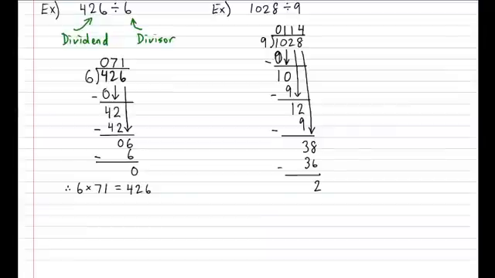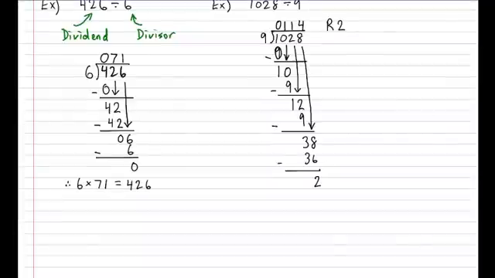Sure enough, it leaves behind a remainder, and in elementary school you probably just wrote next to your answer R2, remainder 2. So we can conclude that 9 multiplied by 114 plus the little remainder of 2 should give back the dividend of 1028.